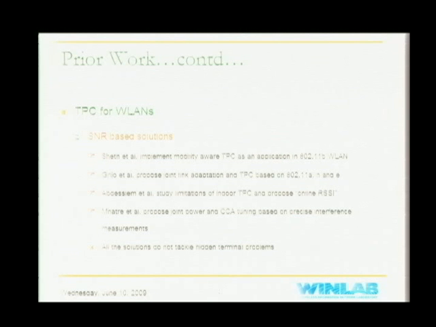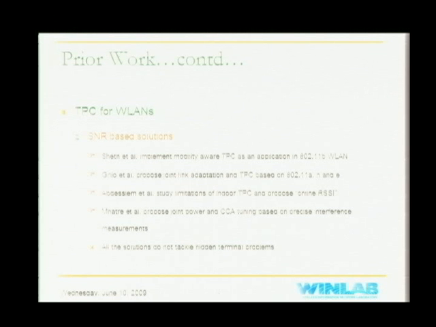Through extensive measurements and empirical study, they came to the conclusion that the number of power levels which showed significant variations in RSSI was very small, say 4 or 5 in indoor environments. And they proposed an algorithm called online RSSI, which computed the distinct power levels that we can use, and any power control algorithm can use them.